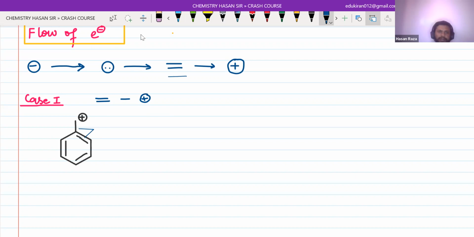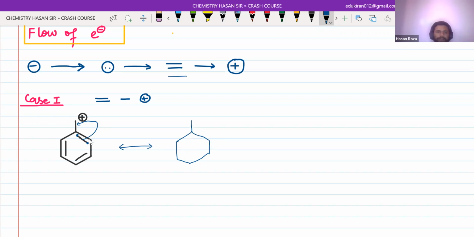Now you can see this is your pi bond, which has two electrons. This bond will break and it will go to this. This is the double-headed arrow that we use between two resonating structures. The rest part will be as it is.